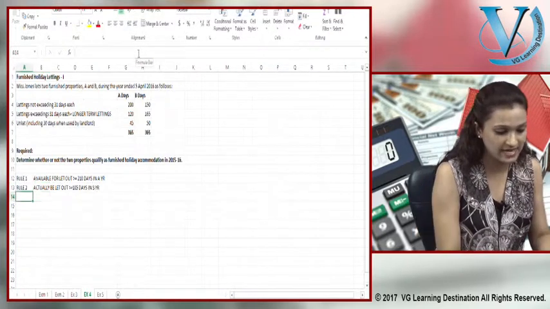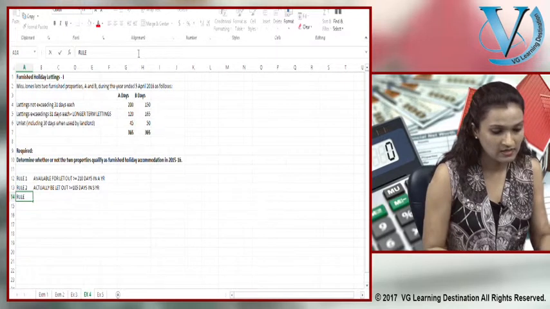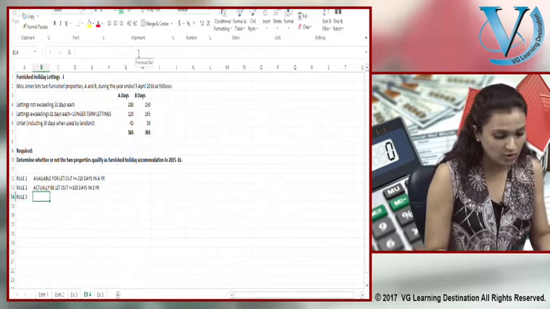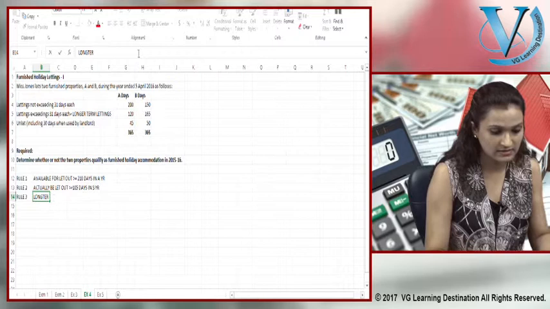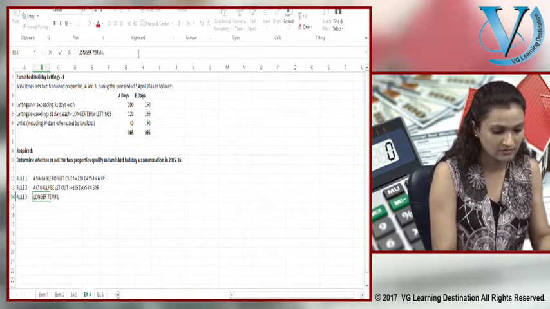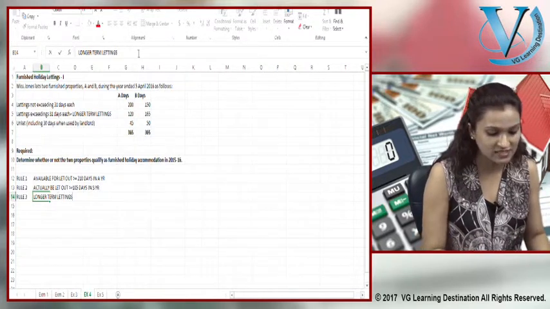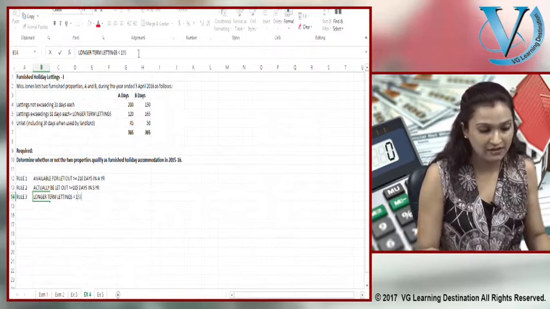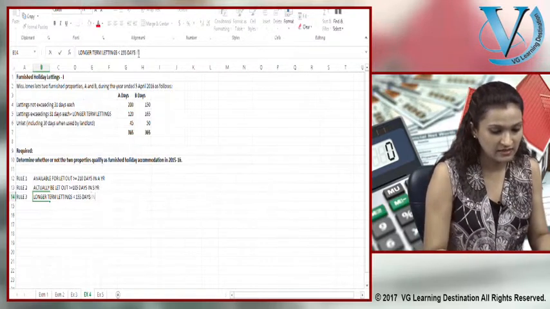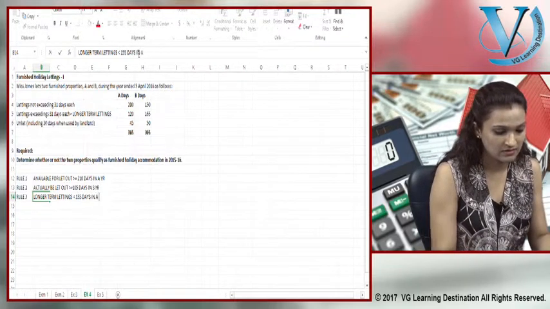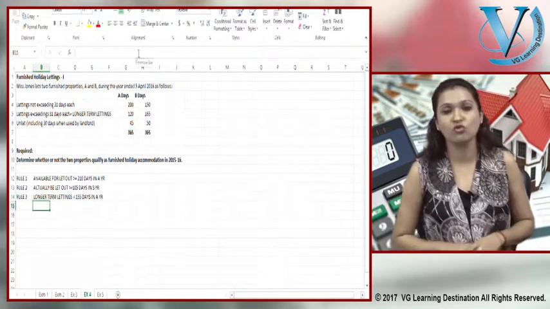Also, rule 3 states that longer term lettings should not exceed, so should be less than 155 days in a year. So these are your rules.